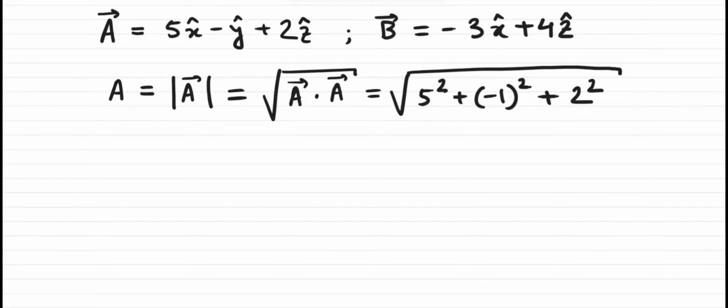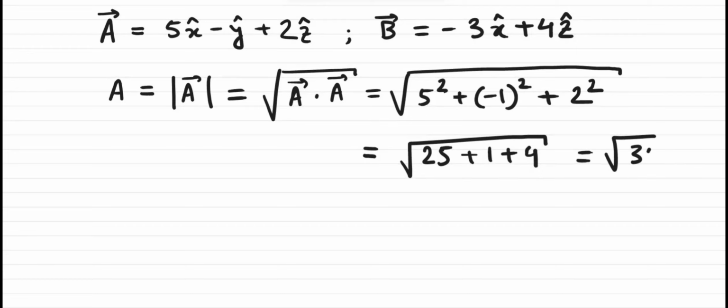Since we haven't used any units, you don't have to worry about units in this case. We have 25 plus 1 plus 4, which is simply the square root of 30. So the magnitude of A is square root of 30.